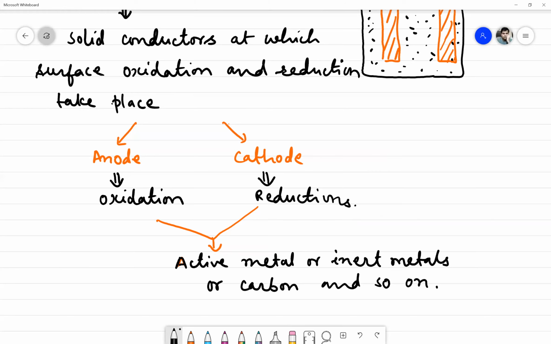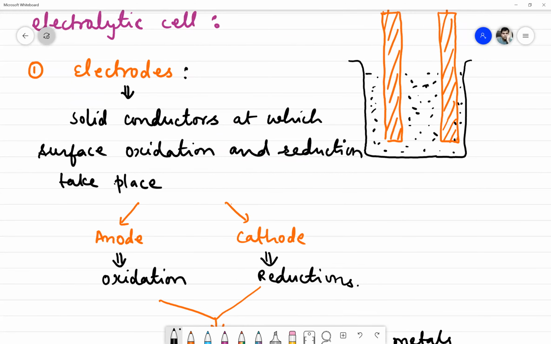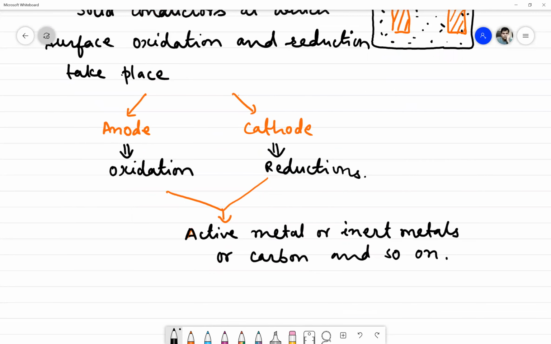Okay, and in an electrolytic cell, these anode and cathode are dipped in an electrolytic medium. Okay, so now what is the electrolyte? The second main component of an electrolytic cell is the electrolyte.